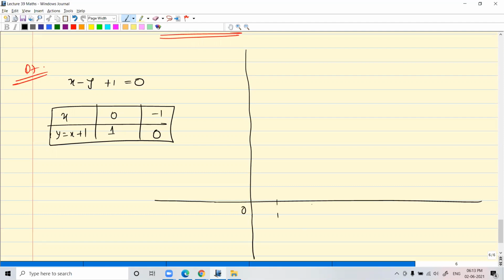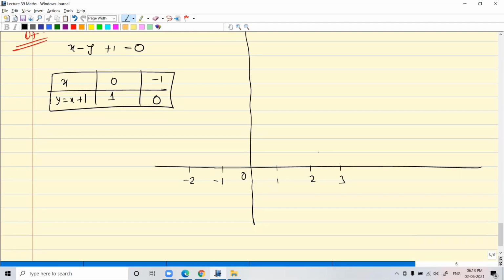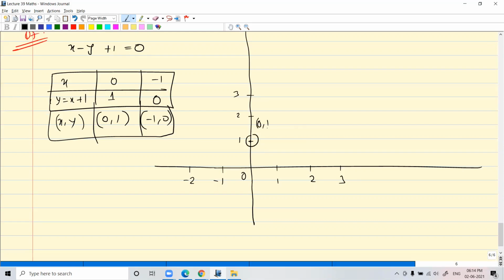So the first point is 0, comma 1, and the second one is minus 1, comma 0, right? 0, comma 1 is here, and minus 1, comma 0 is here.